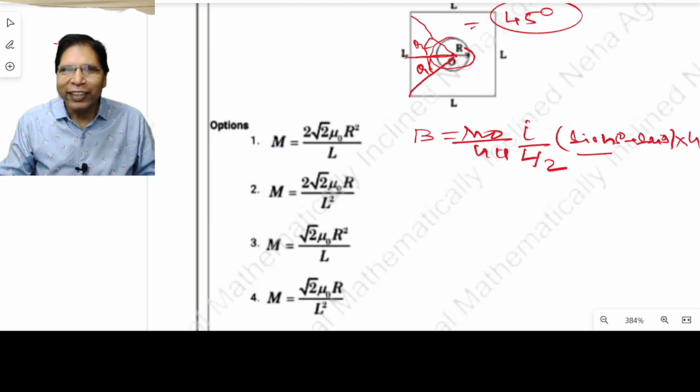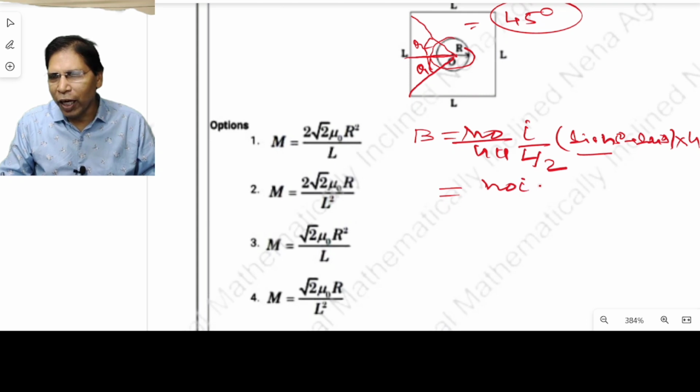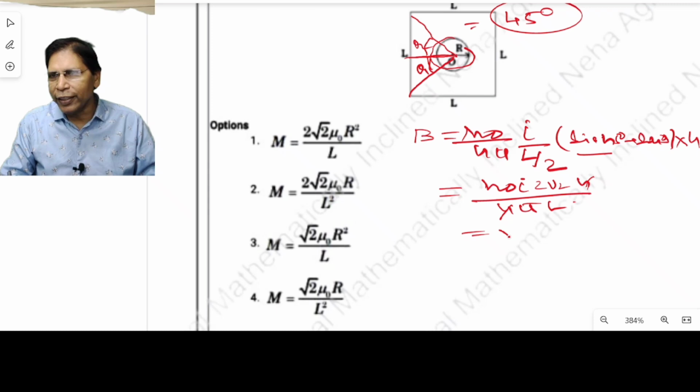Now sin 45° + sin 45° equals 1/√2 + 1/√2, that is √2. So this is μ0 I × 2√2 × 4 divided by 4πL. Now this and this cancel out, so B is 2√2 μ0 I / πL.